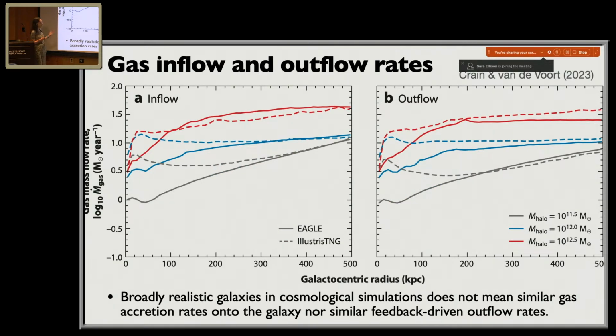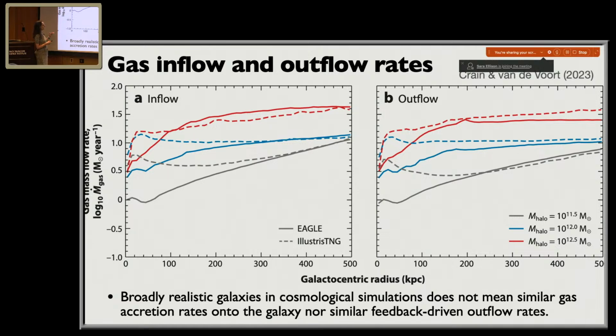However, again, how they do this is very different. So here are some inflow and outflow rates as a function of galactocentric radius, for halos of 10 to the 11.5, 12, and 12.5 solar masses.